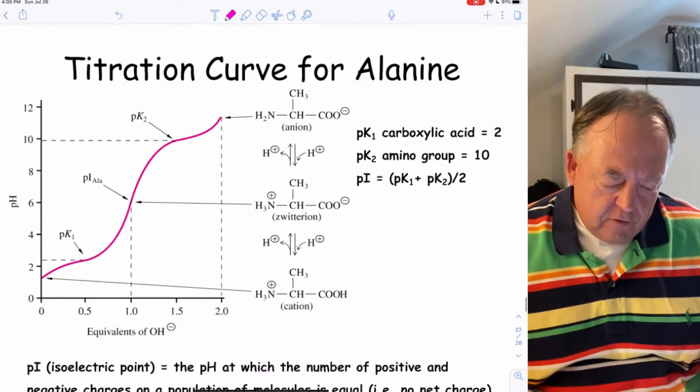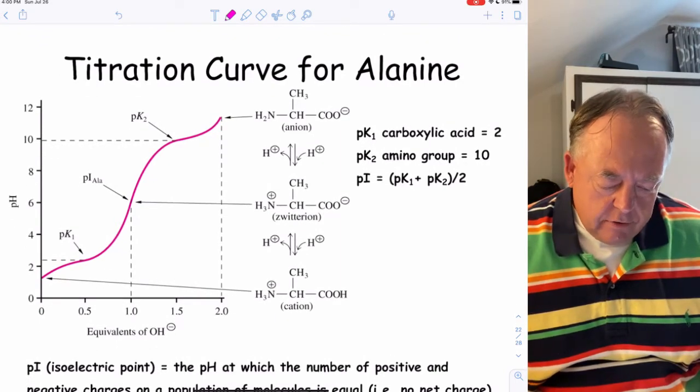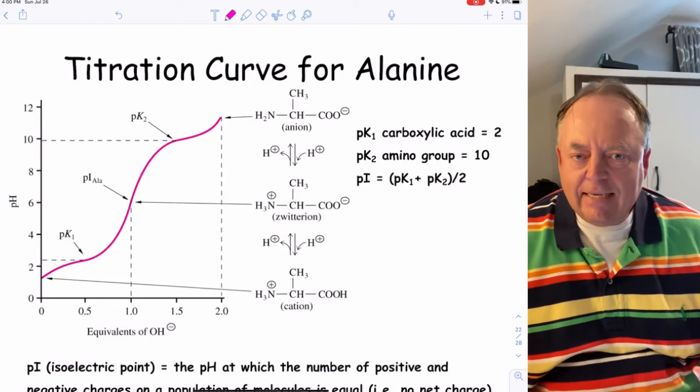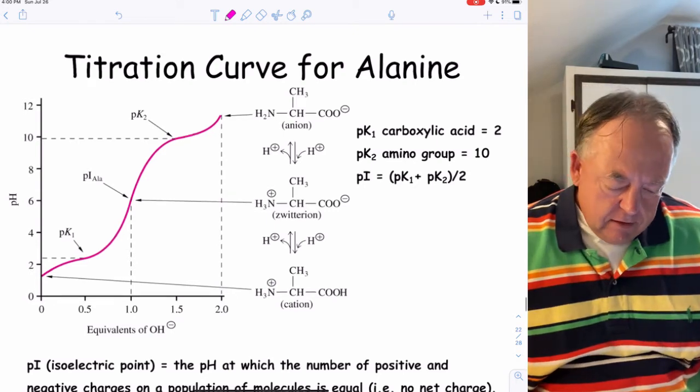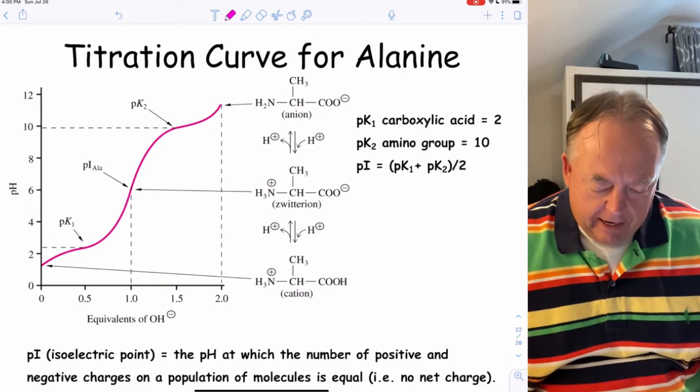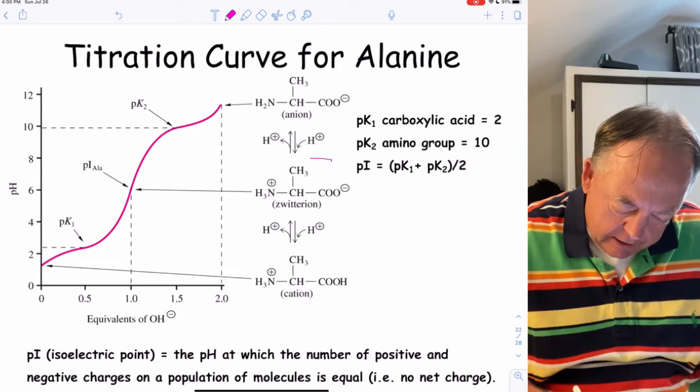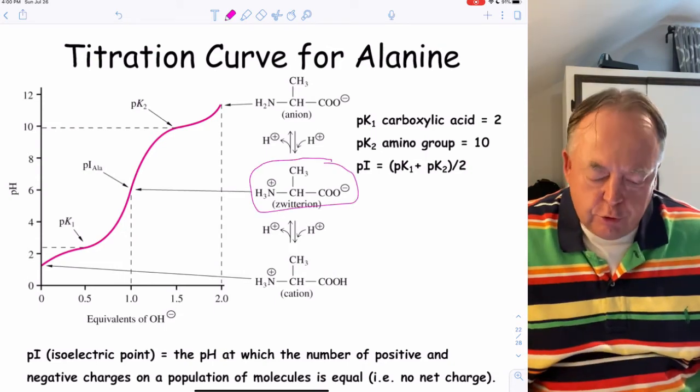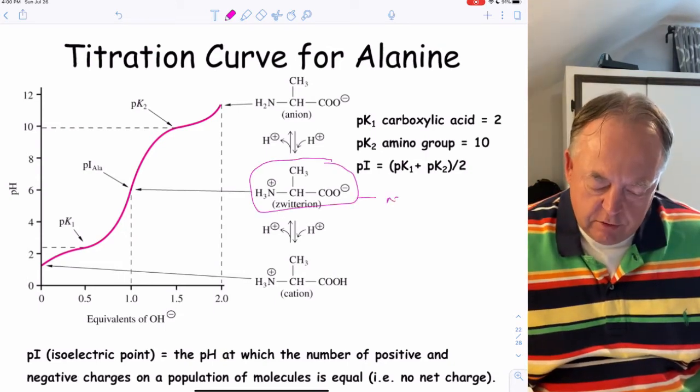Okay, so particularly for amino acids, one thing that's very important is to understand their acid-base chemistry. So this is a titration curve for alanine. This would be alanine in its neutral form, so it has no net charge.